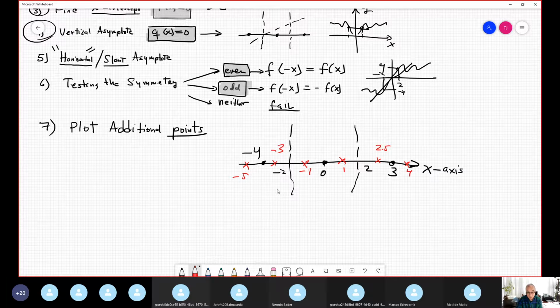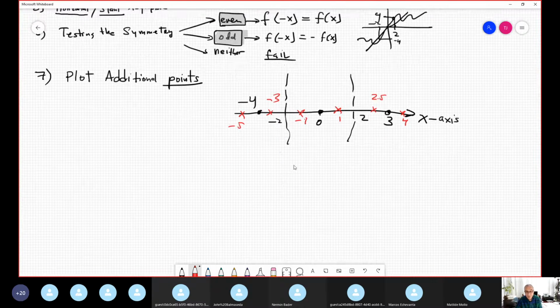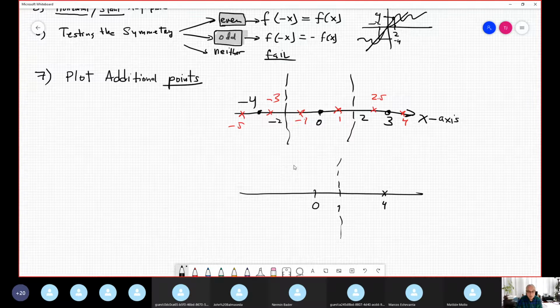But in this specific example, there is another, easier example. Suppose you have only one vertical asymptote, suppose 1 here, and we have only one intercept, I don't know, 4. So basically you select 5, and between 1 and 4 maybe 3, maybe 2, and before 1 is 0.